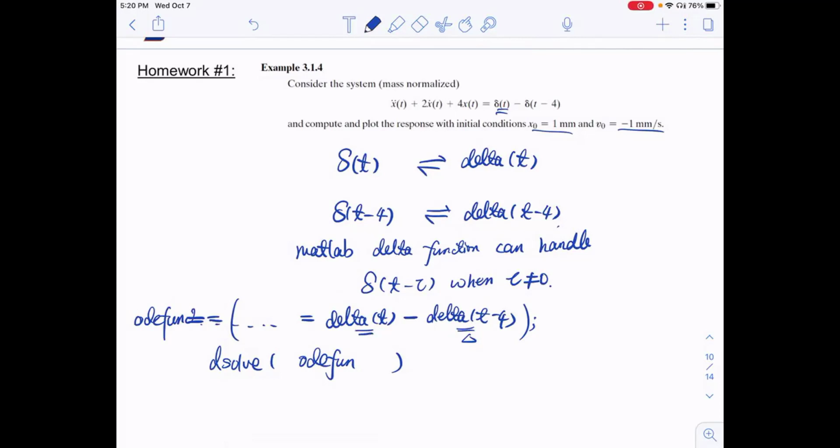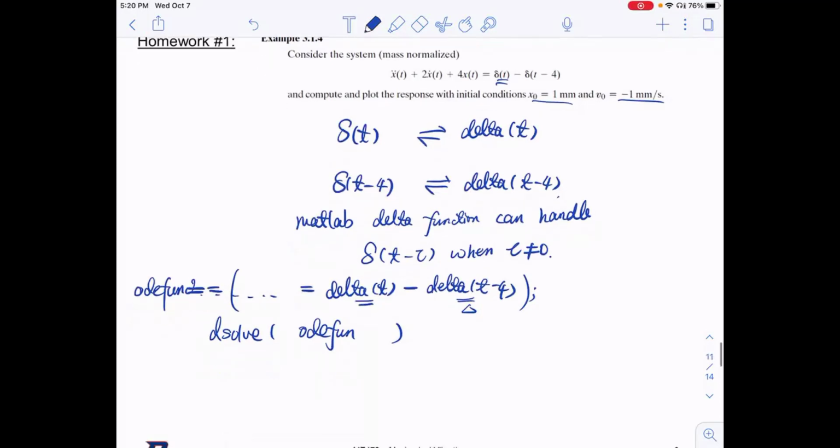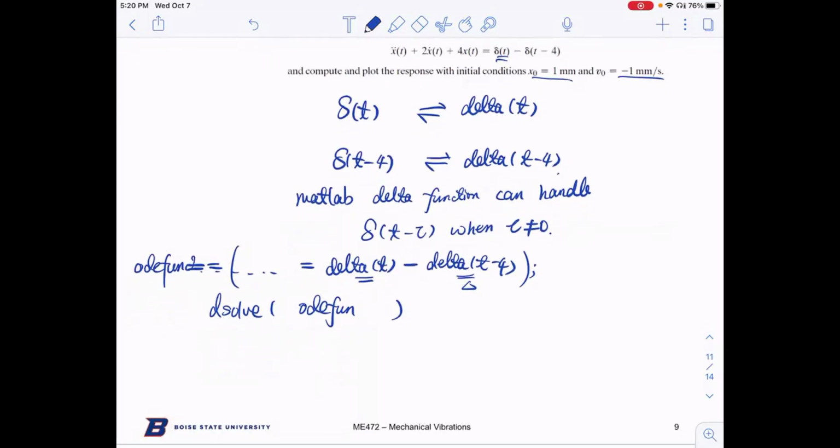I don't know what MATLAB did. It seems that you have to play a trick. If you have delta t in your excitation, you have to multiply it by 2.